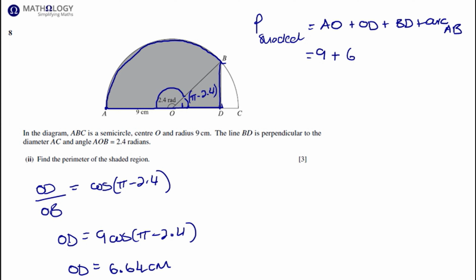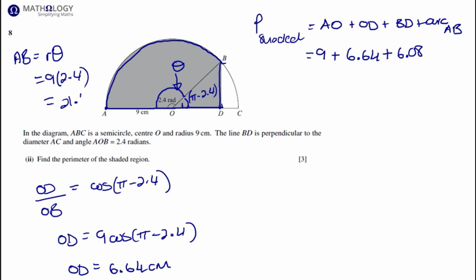So OD is 6.64. BD we calculated previously as 6.08, and arc length AB is given by r times theta. AB equals the radius 9 times, now theta is this angle here, which is 2.4 radians. 9 times 2.4 is 21.6.